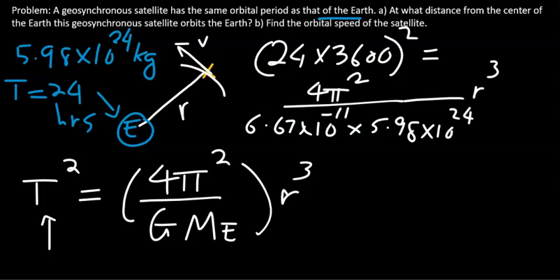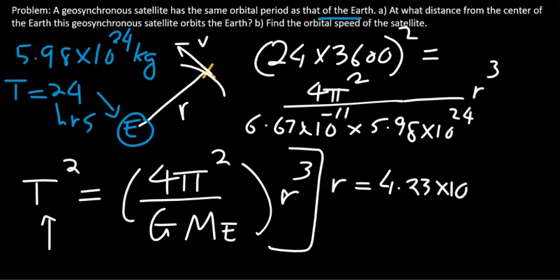And we can solve for r. Solving for r, we get 4.23 times 10 to the power 7 meters.